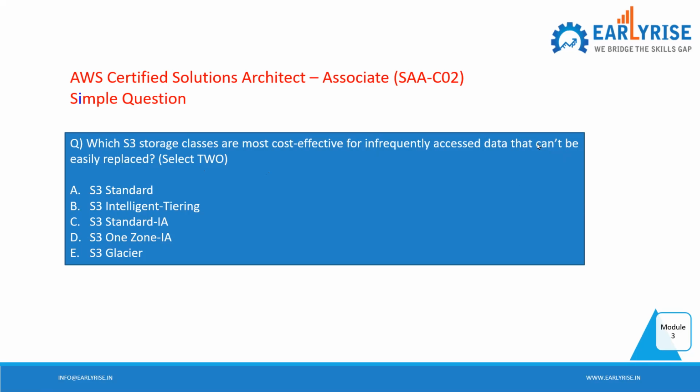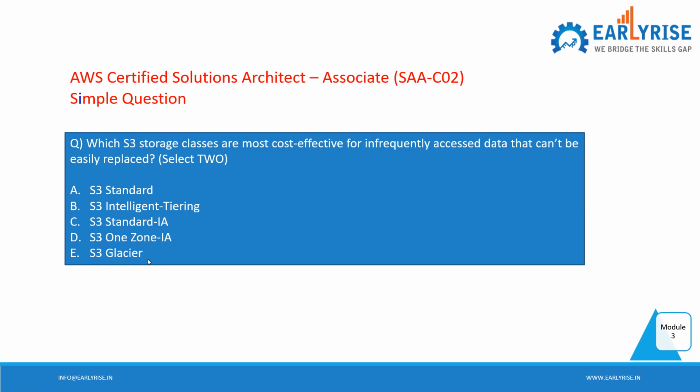See, data cannot be replaced means it is critical, right? So if the data is critical, important, you cannot put it in one zone. If that zone is lost, your data is lost. What you have to understand is that this may be cost effective, but not beneficial here. Data will be lost.